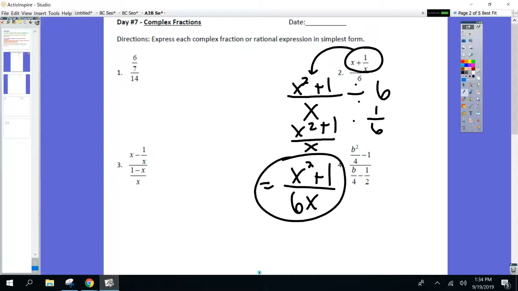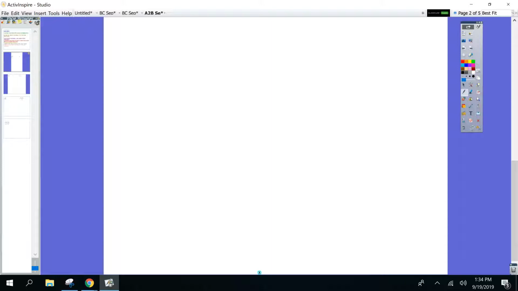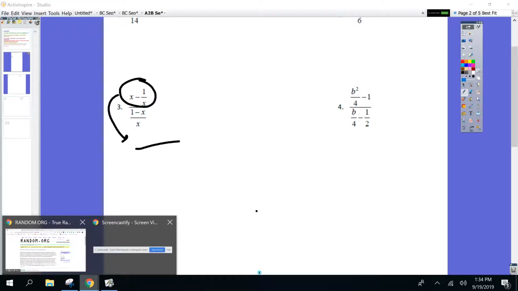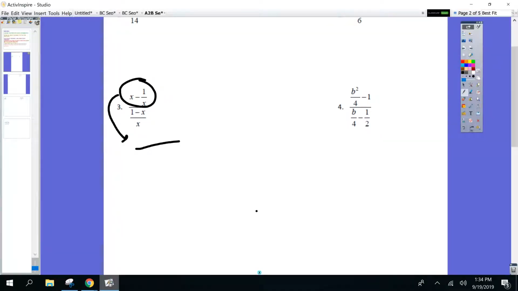Okay, 3. Take care of the top, please. Somebody take care of the top. Give me a common denominator for the top. Common denominator for the top here.